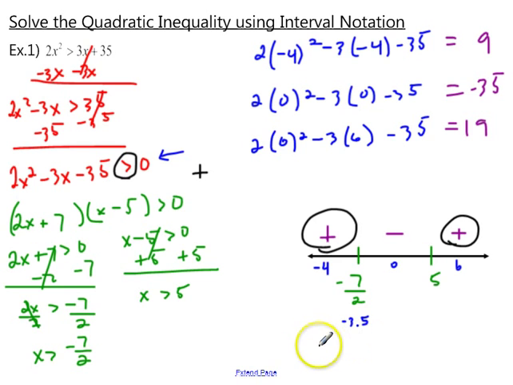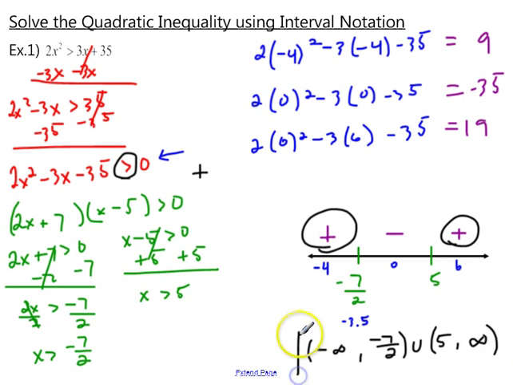So the way we're going to write this is we want the numbers from negative infinity up to negative 7 over 2, and we don't want to include it. And we're going to union that with our other set. So 5 not included all the way up to infinity. And so this is going to be how we write our final answer.